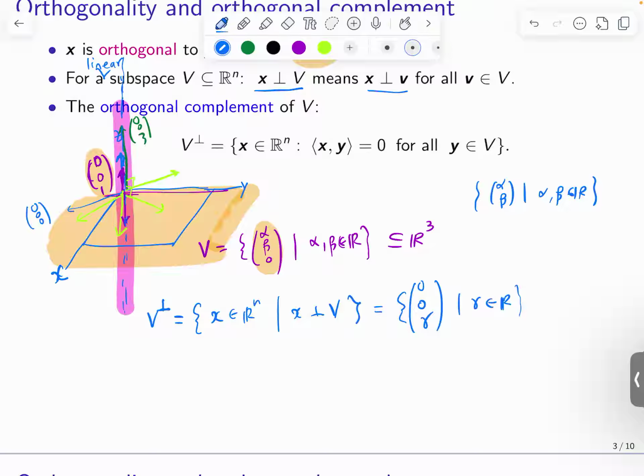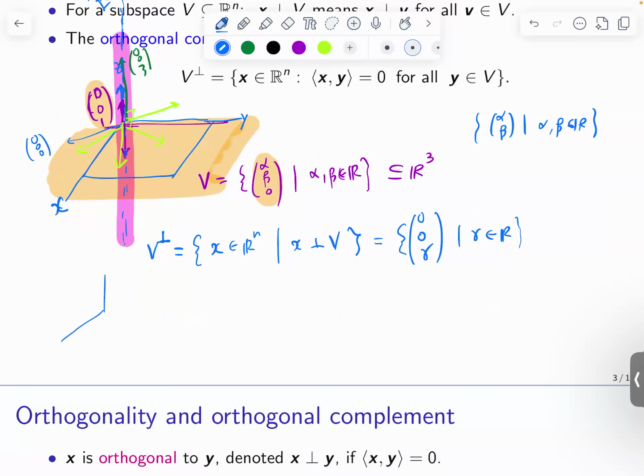I can define more complicated subspaces, like, for example, let's say I have this vector and, I don't know, this vector. Okay, what is this? This is going to be, let's say, 1, 1, 0. That would be the first one. And then 0, 1, 1.